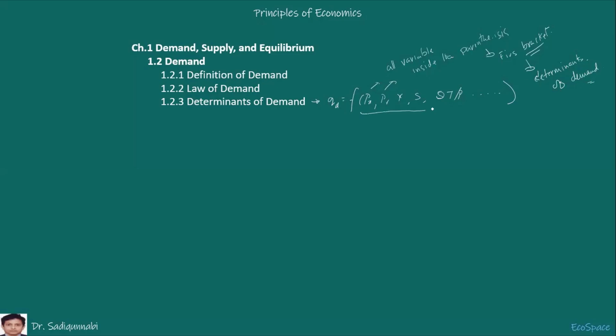Okay, these variables determine the quantity demanded. So that's why they are called determinants of demand.